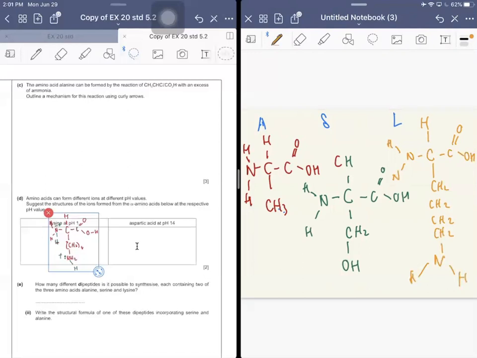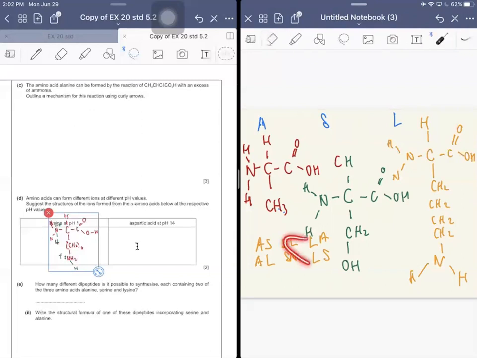Okay, so you are asked to draw out 2 out of 3 with the maximum number of combinations possible. Okay, so I will tell you that there are 6 possible combinations, and these 6 are AS, AL, SL, SA, LA, and LS. Okay, you may think that, oh, isn't SL and LS the same?